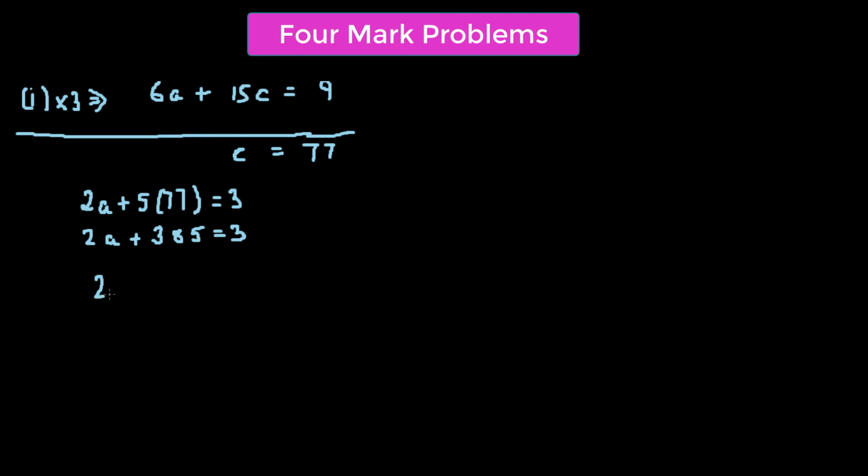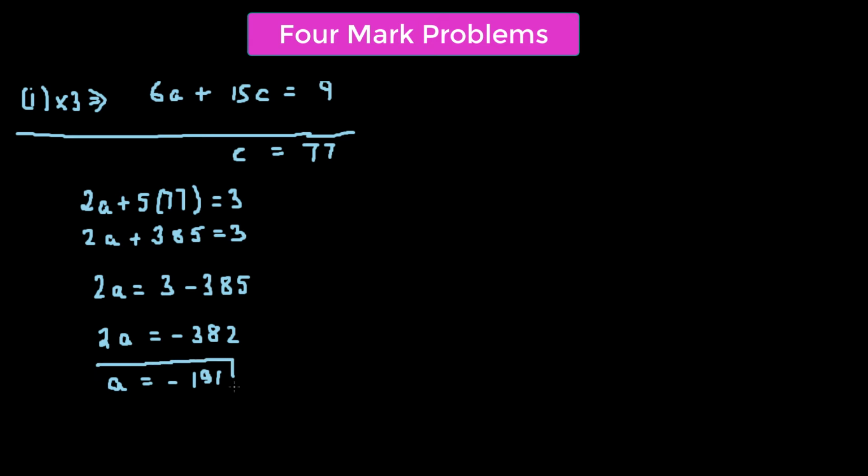So 2a equals 3 minus 385. So 2a is equal to negative 382. We divide both sides by 2, and that gives us minus 191. So that is the value of a. So we have the value of a and the value of c.